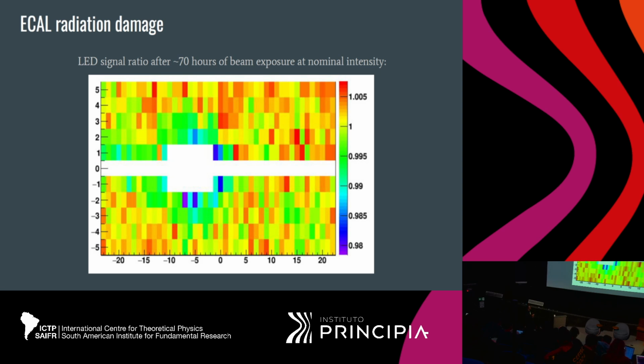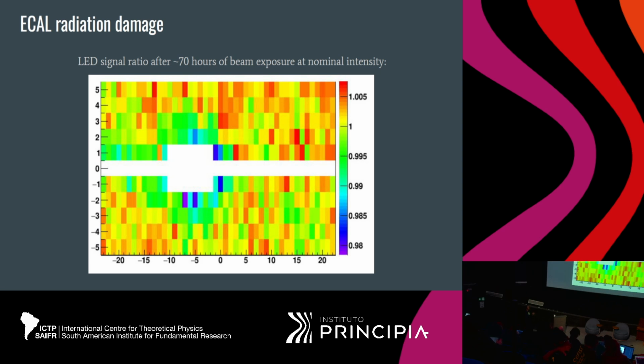So basically, where you see red, it means that the signal from the LED is larger after the beam than before, and when you see blue, it means that the signal from the LED is lower after the exposure to the beam. And what you can see here is that the fluctuations around all the calorimeter are quite reasonable. I'm talking about 5 per mil, so nothing relevant here.